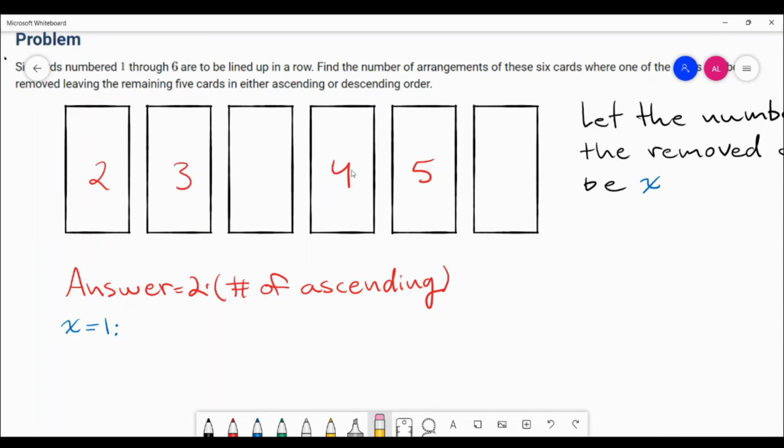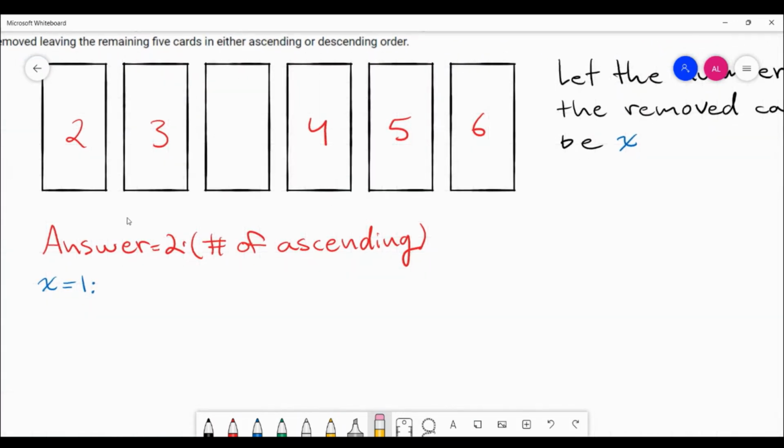So when the first card is removed, everything else has to be in ascending order, right? All we're counting is ascending order, then we're multiplying by 2. Notice that all the other 5 cards have to be in the order 2, 3, 4, 5, 6 in order for them to be ascending. There is no freedom for them to move around. So all we have to do is just place the 1 in 6 places. So there are actually 6 total places we can place the 1.